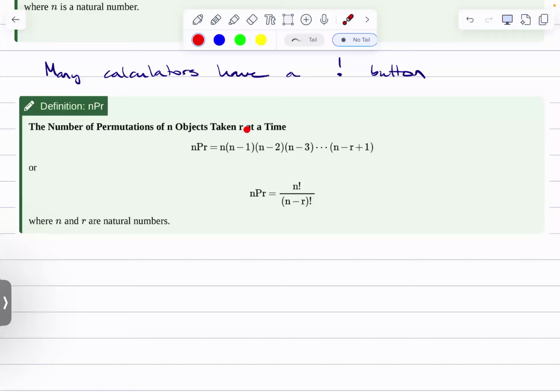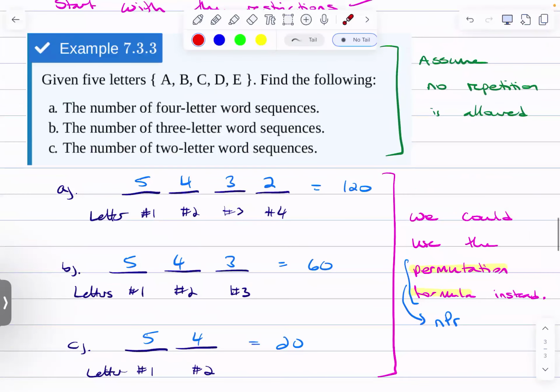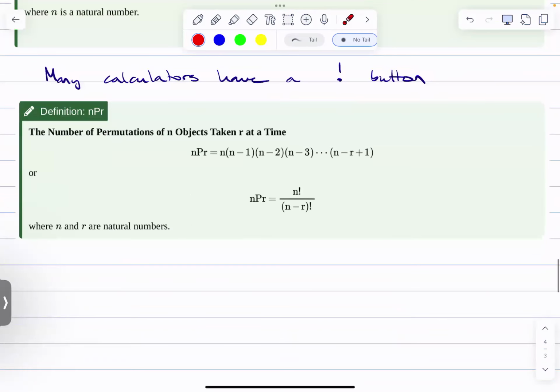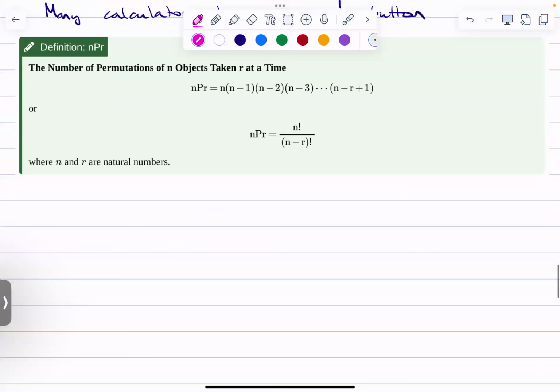If we translate that to this question here, I have 5 objects taken 4 at a time, then 3 at a time, and then 2 at a time. So we could use this formula, nPr, a lowercase n, capital P, lowercase r. Most calculators, even basic calculators, have an nPr button.